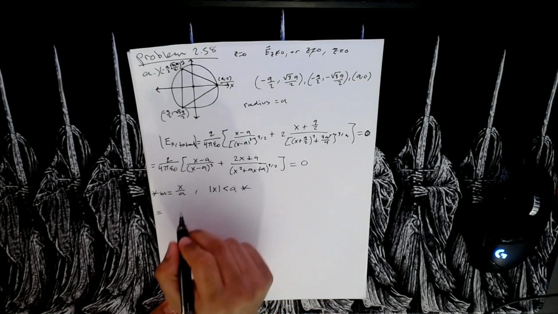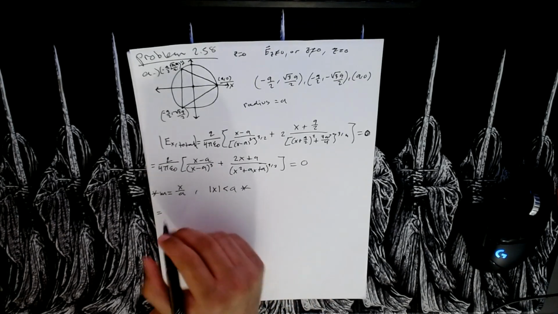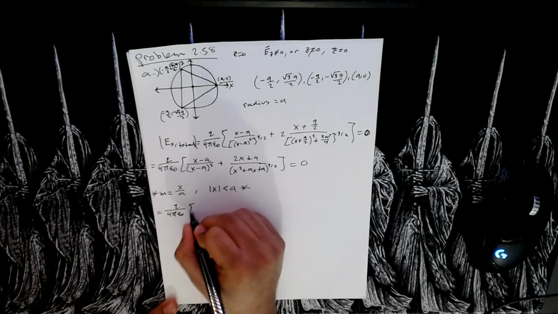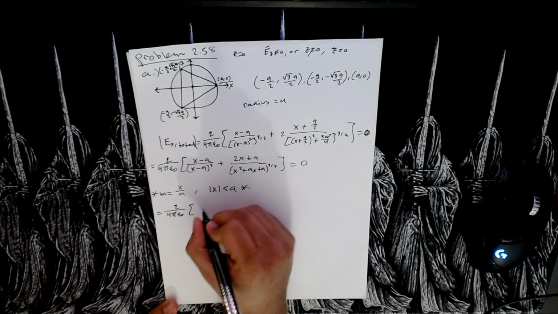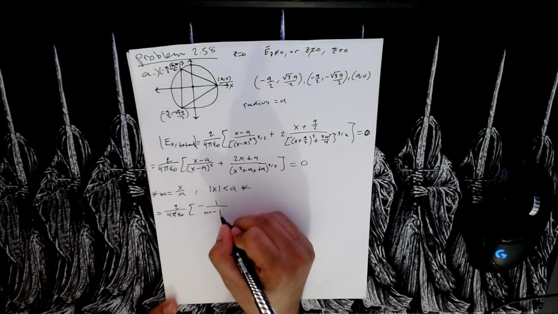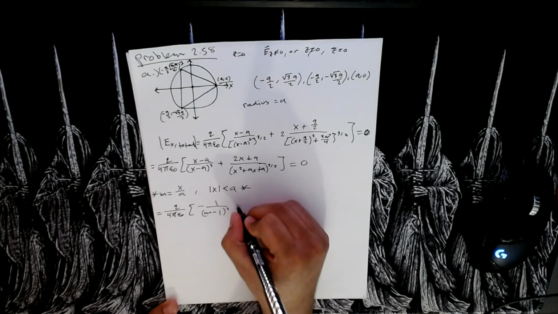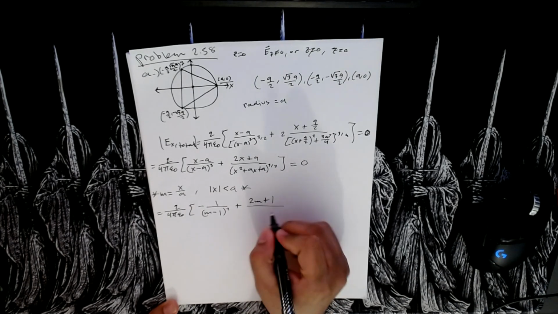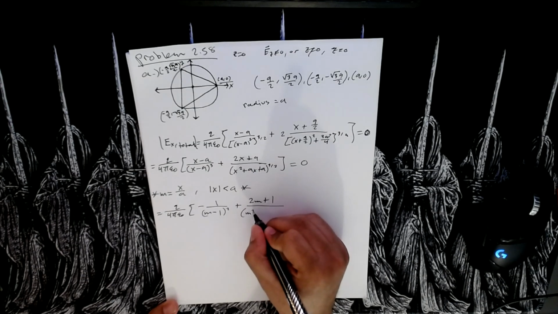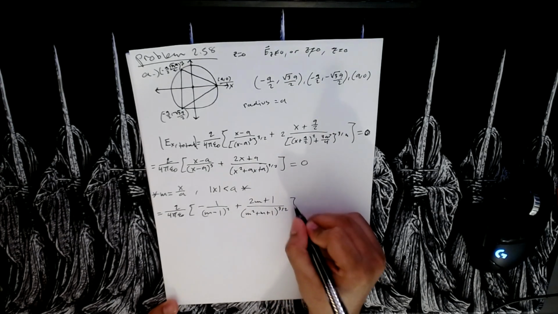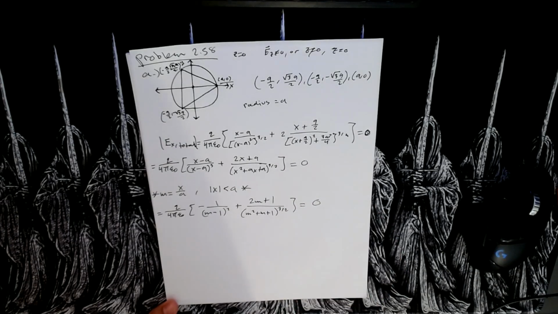Then if you plug this in and do some more simplifying, some algebra, we're going to have 1 over (m minus 1) squared, plus (2m plus 1) over (m squared plus m plus 1) to the 3/2, is equal to 0.